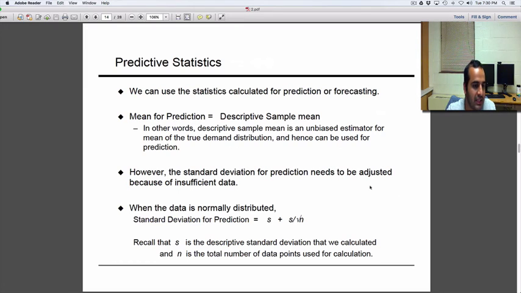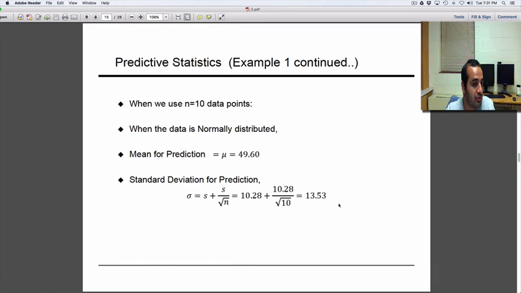Let's look at some predictive statistics when we use 10 data points to get the moving average. When the data is normally distributed, the mean for prediction is the same as the descriptive sample mean. So the mean was mu equals 49.6, right? However, as we noticed, the standard deviation for prediction needs to be adjusted, and the adjustment gets you the sigma we are really after.